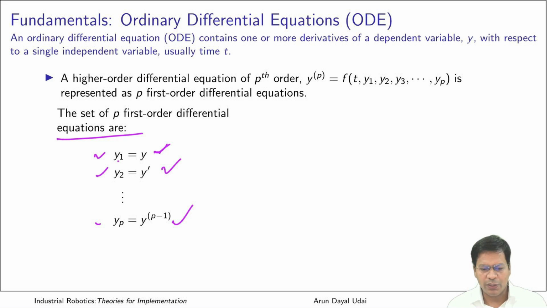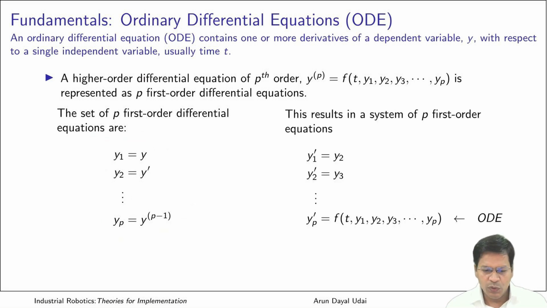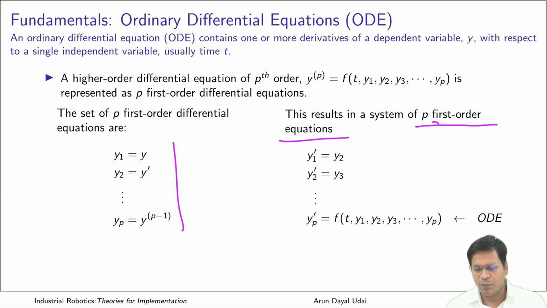So y1 is equal to y, y2 is equal to y dash, similarly y3 is equal to y double dash, and so on and so forth till yp is equal to the p minus 1th derivative. If you substitute this into your original differential equation, this results in a system of p first order equations. If you split them all, you should get something like this. y1 dash is equal to y2, it is just this one that is put here.